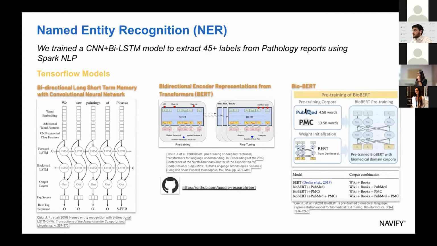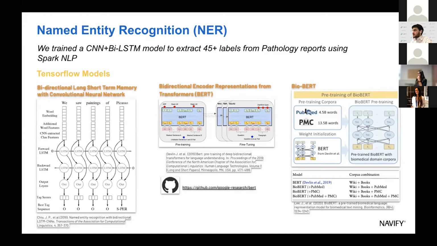So after applying the OCR on PDF documents, we used NER, which is named entity recognition. It's a subtask of information extraction that seeks to locate and classify named entity mentions in unstructured text into predefined categories such as tumor site, primary tumor, etc. And we trained our model using CNN BiLSTM.